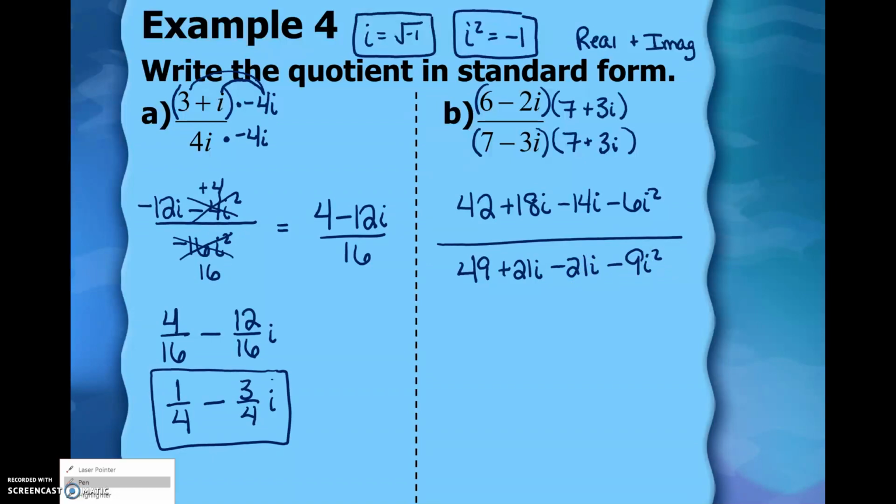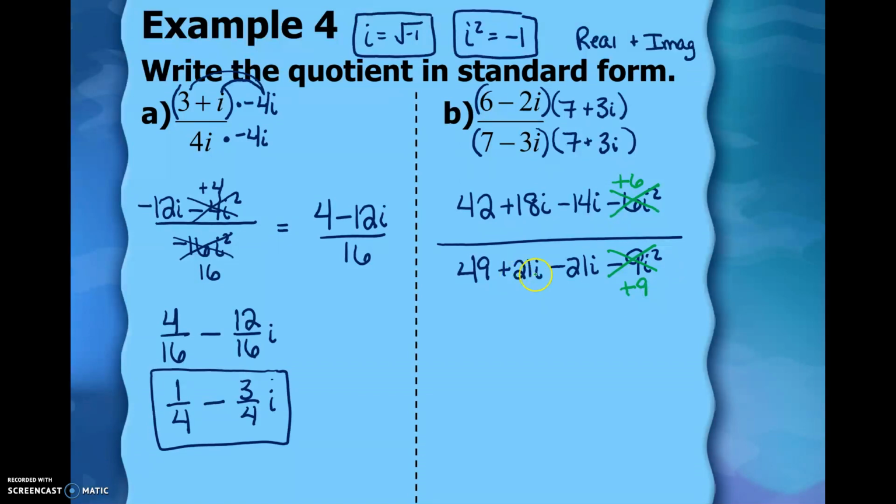And then what I normally do so that I don't have to write a ton of extra work, I go through and find my i squareds. So -6i squared, that's -6 times -1. So that's really a positive 6. Negative 9 times i squared, that's negative 9 times negative 1. So that's really a positive 9.